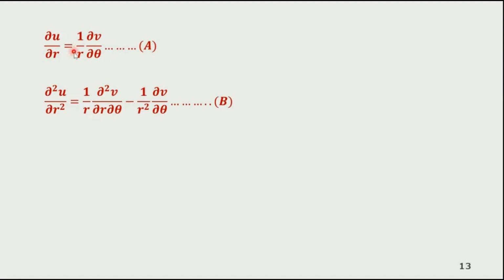This minus sign has come because 1/r derivative is -1/r². ये हो गया सेकेंड इक्वेशन. This is the first CR equation, उसका डेरिवेटिव with respect to r.